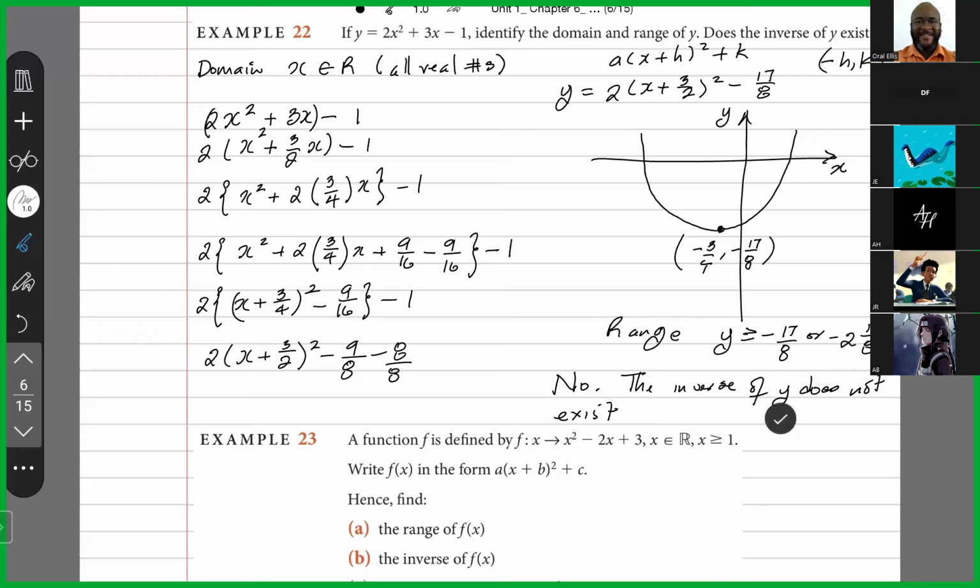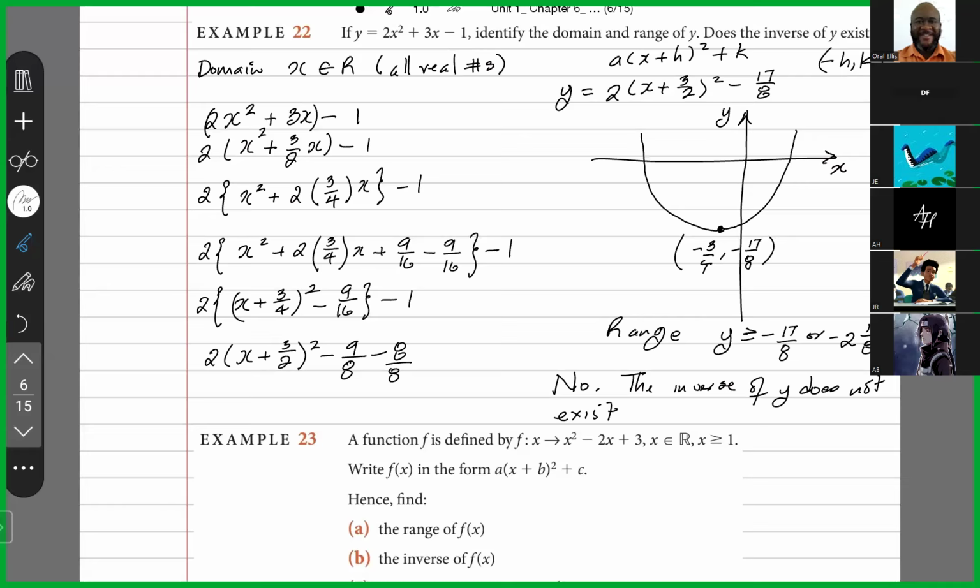Why is that so? Essentially, that is because y is not bijective. If you draw a line parallel to the x-axis above the minimum turning point, it will cut the graph 2 times. Therefore, that would mean that the graph is not injective.